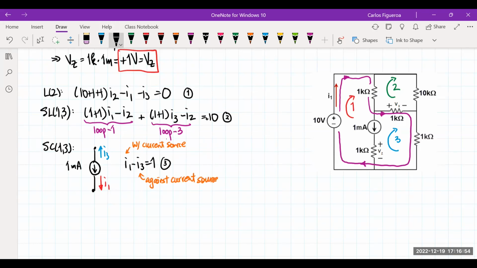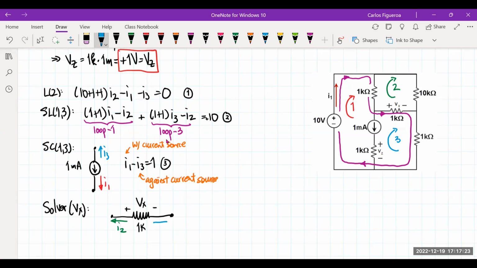Okay, so now I'm going to look at my solver for Vx. So here we go. If I look at my Vx, note that I have a resistor, and this resistor says that this is plus, this is minus, and this is Vx, and this is a 1K. So now let's look at the currents. This direction is the current of loop 2.